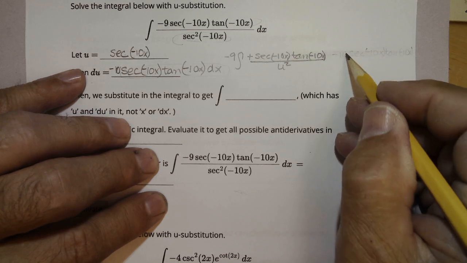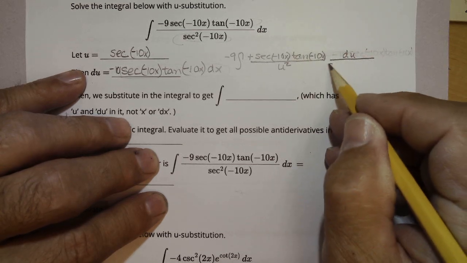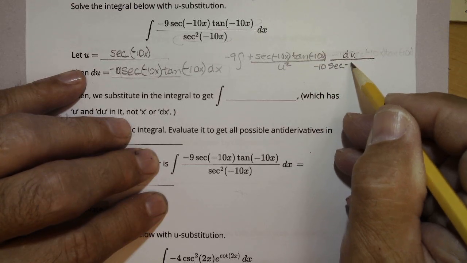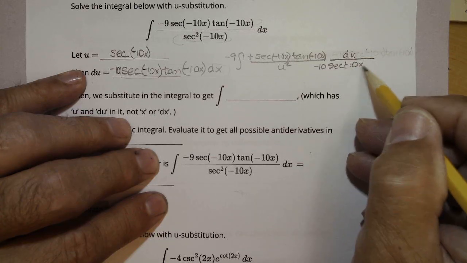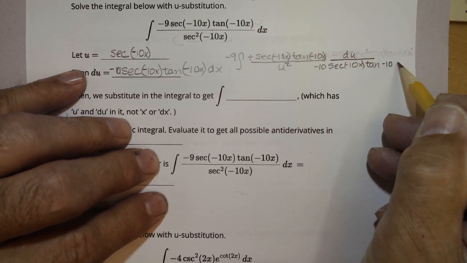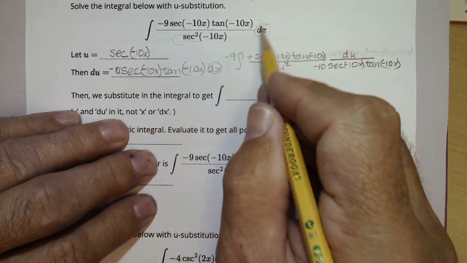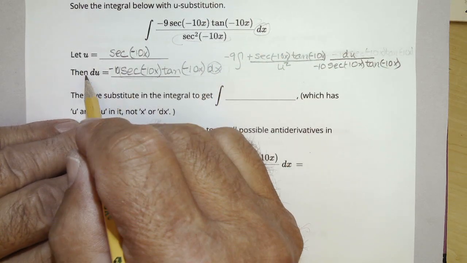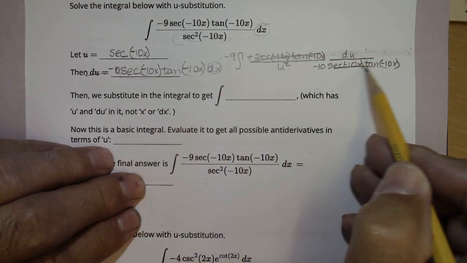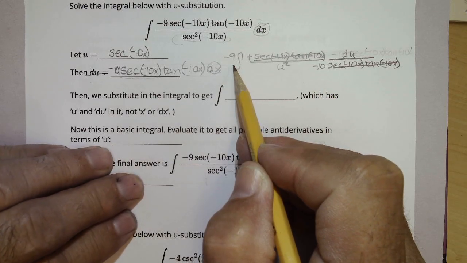That's du over that stuff, negative 10 secant negative 10x, tangent negative 10x. When I solve for dx that I'm going to replace, this is all going to go under du. And these cancel, and I end up with a negative 10 coming out.